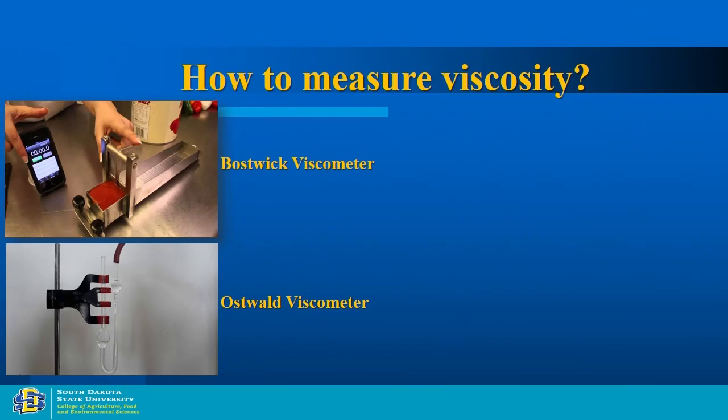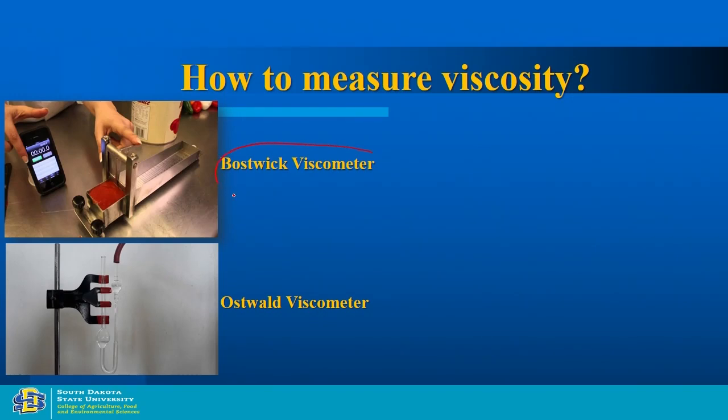Okay, now let's come to how to measure viscosity. There are a lot of instruments available, different varieties, you name it, you can get viscosity, viscometer. It all depends upon how much you want to evaluate your samples, how much information you want to collect from your sample, and that limits your instrument.